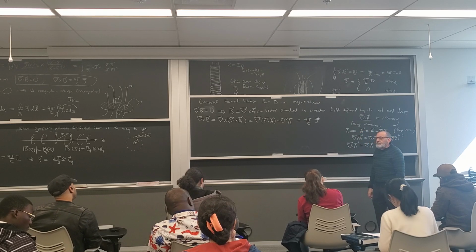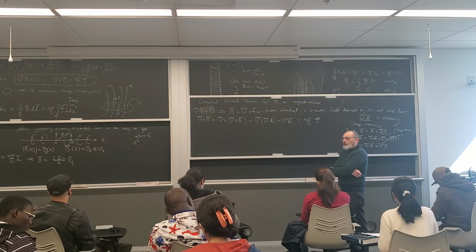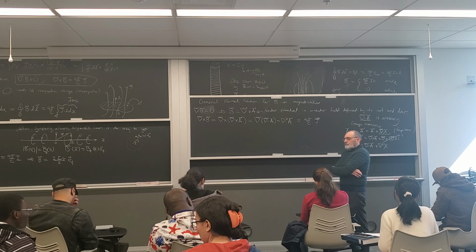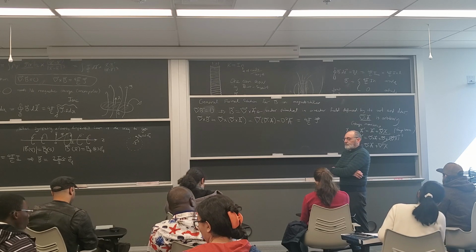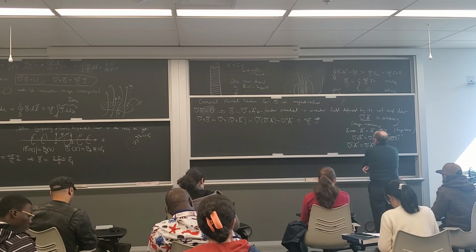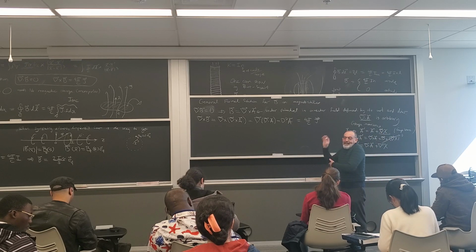Yeah? Can we choose what the divergence of A is, and the ground from, like, I know there's a relationship between the gauge potential and the scalar potential. Can we choose both arbitrarily, like the constant? Well, it's always true that I can add a constant to either of these things.